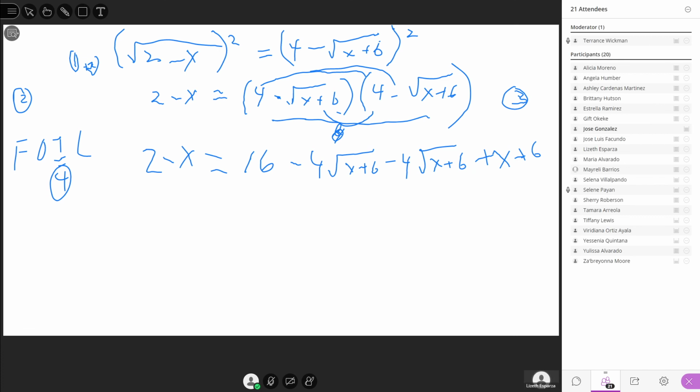Yes. Okay, so what do you think we're going to do next on the right-hand side? Combine what kind of terms? Like terms. So how many x's do we have?